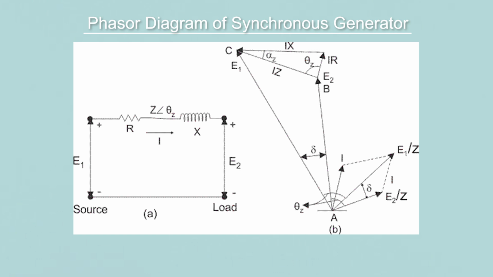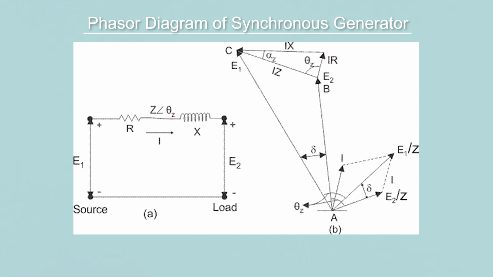And from the tip of this IR, the voltage drop in resistance, we have another phasor IX, which is the voltage drop taking place in the series reactance. If we combine these two vectors, IR and IX, we obtain IZ. In this triangle, we have marked theta Z as well, the series impedance angle, and another angle alpha Z, which is the phasor difference between IX and IZ.